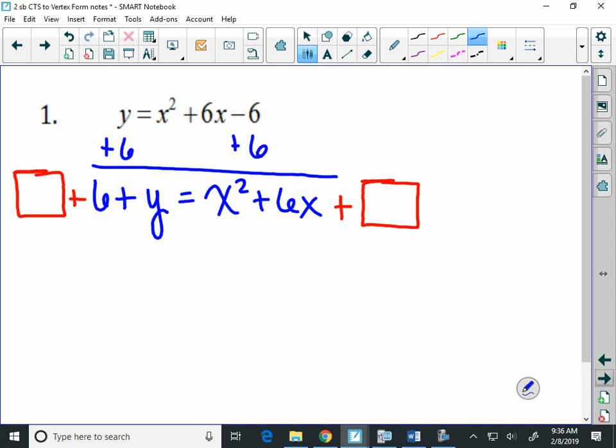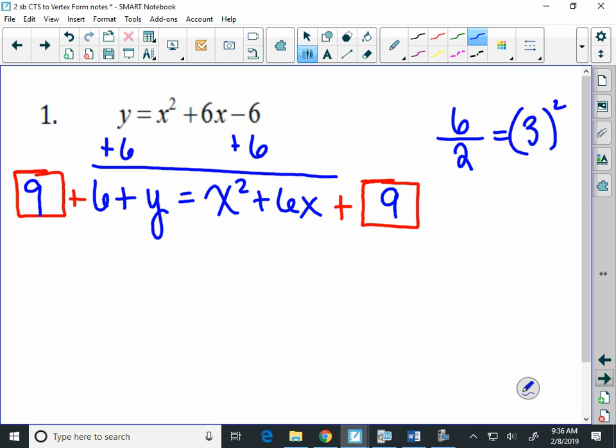What we're going to do, we're going to take 6, divide by 2, equals 3, squared. And 3 squared is 9. And if we add the 9 here, we're going to add the 9 there.